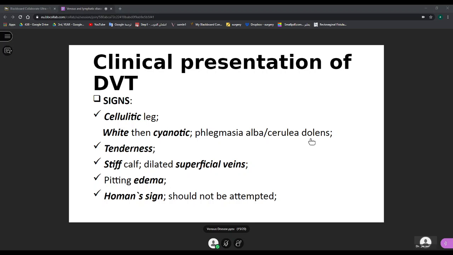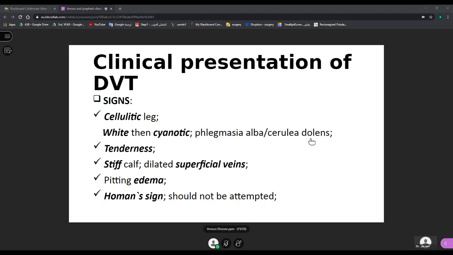After a while, the blood which is stagnant in the lower limb will be deoxygenated because it's not flowing normally, and we know that any blood which is stagnant for some time will be deoxygenated.